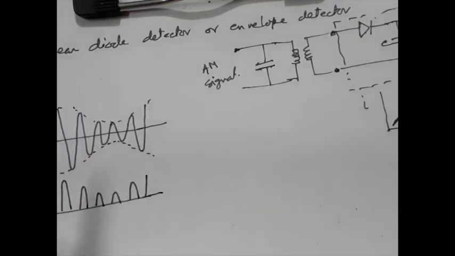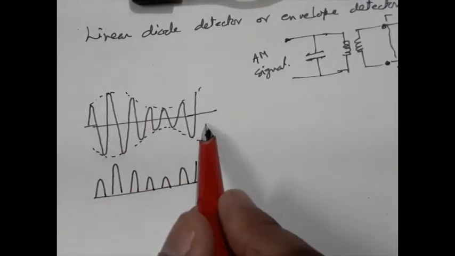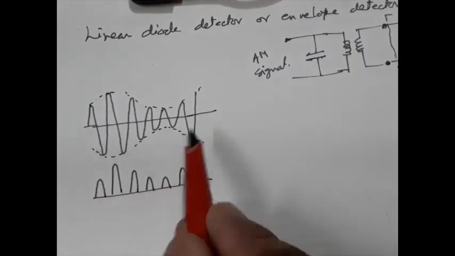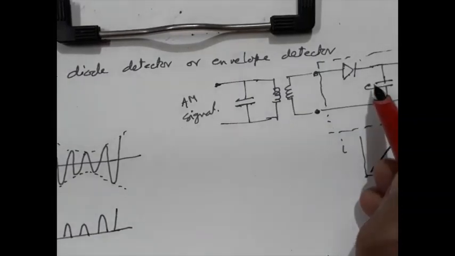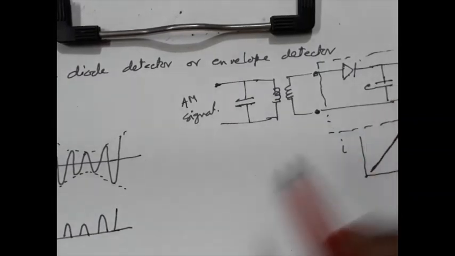These portions will not be there. This negative portion will not be there. Only the positive portions will be there. Now let us insert this C and R.